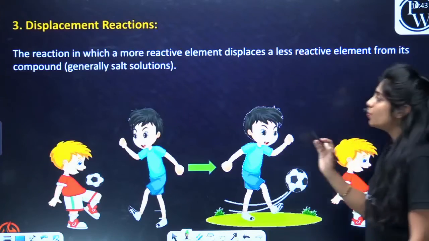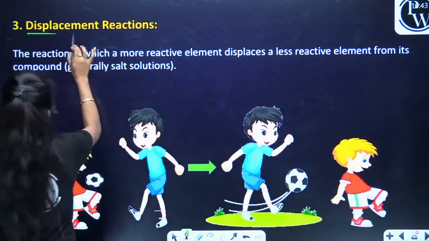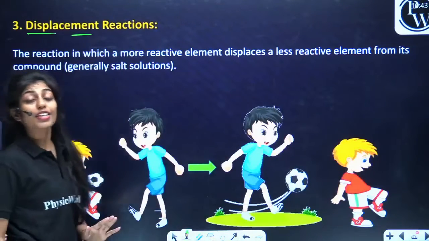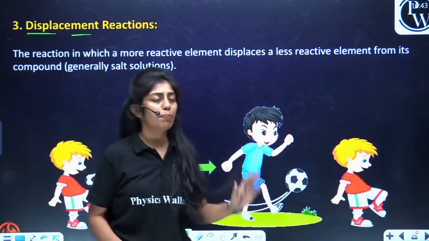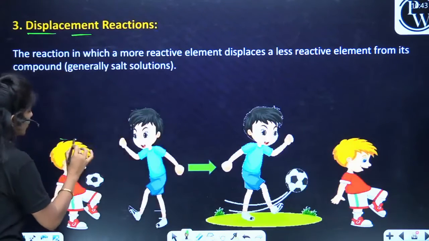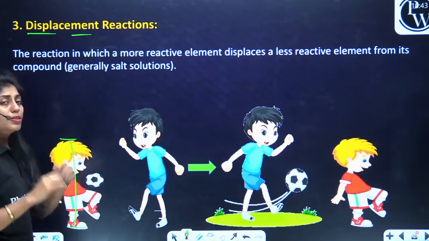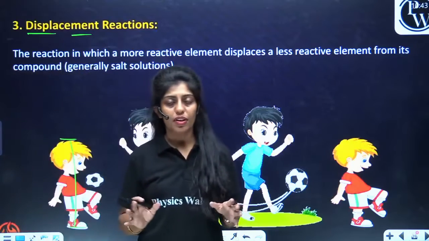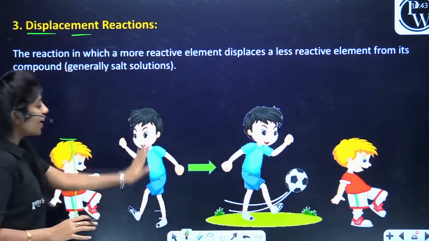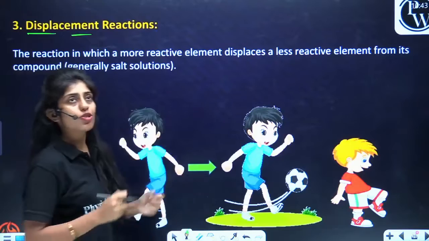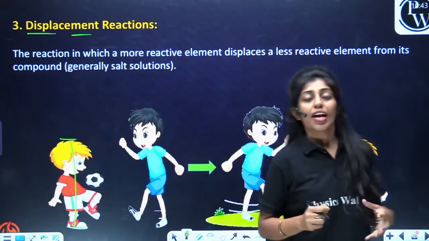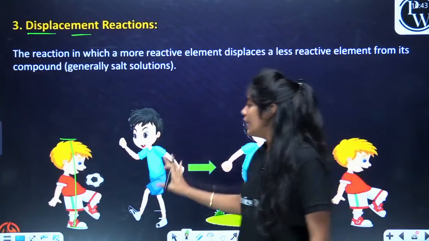So next we have displacement reaction. Before starting this, I would like to give you an amazing example. There is a little kid playing in the ground, and he is very happy. Then one powerful, stronger, taller boy, Bahubali, came. What is he going to do?